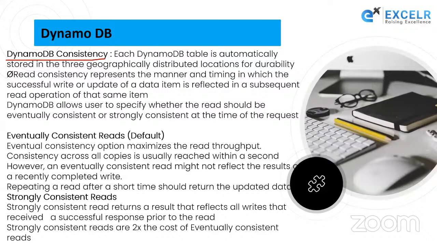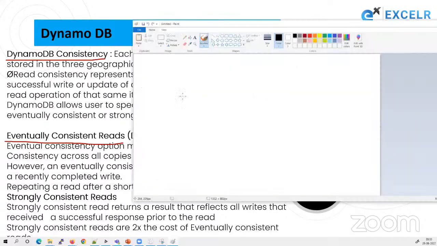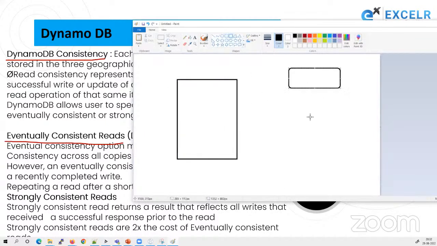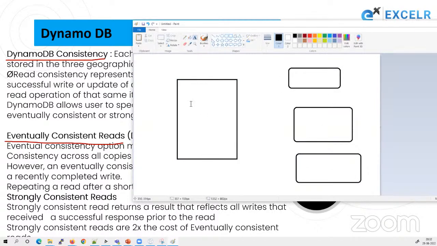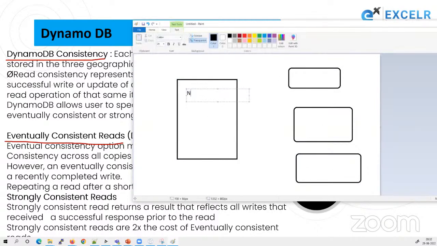By default, the consistency of your DynamoDB is eventual consistency. In eventual consistency, what happens is, if you do a write to a database, let me take a picture of it and show you. Here is your database, and let's say this is your 3 AZs. Let's say I have written something here, name.